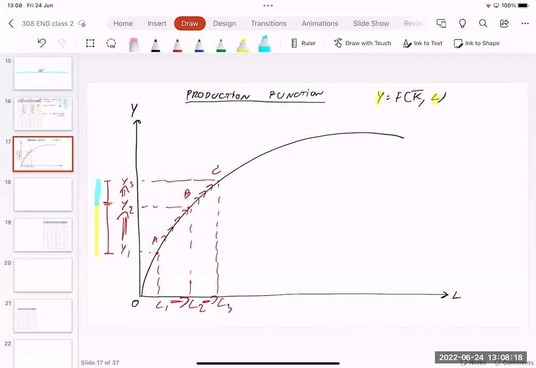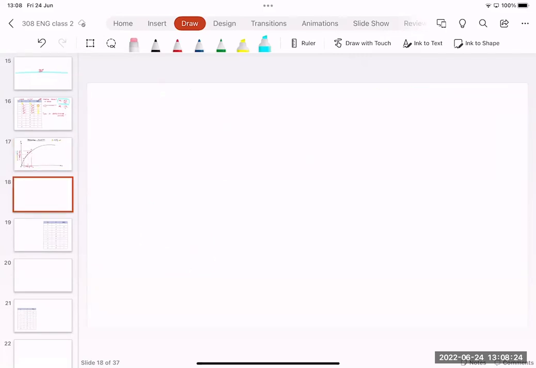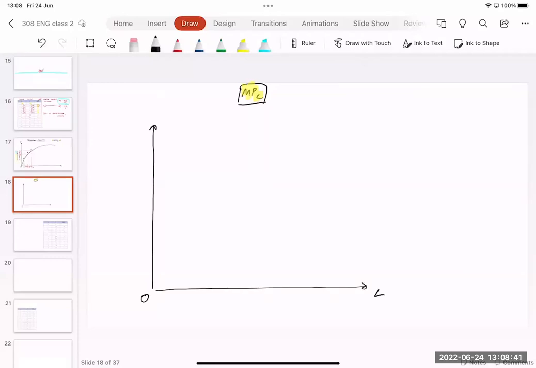Next, we're going to use the numbers in the table about the marginal product of labor, MPL, to draw the graph. Here the graph is going to look like this. On the horizontal, it's going to be L. On the vertical, it's going to be MPL.